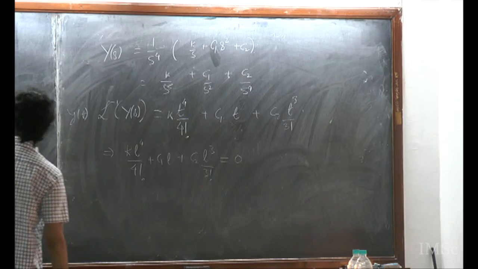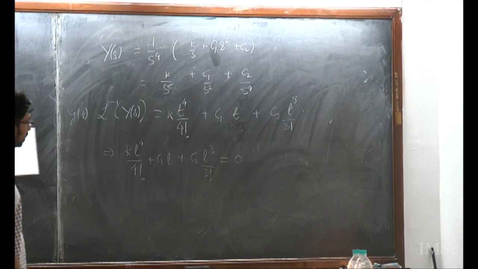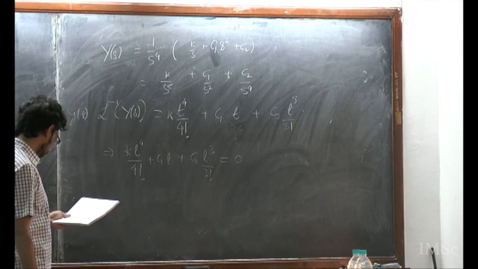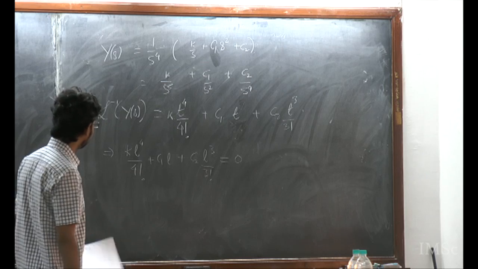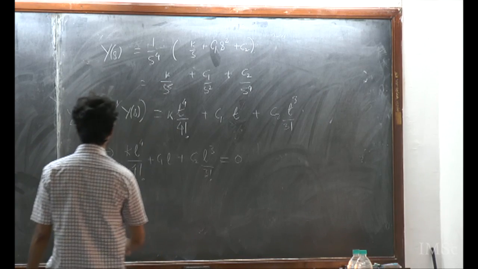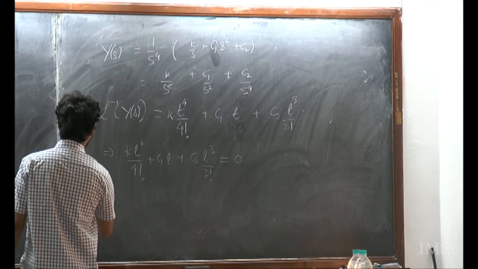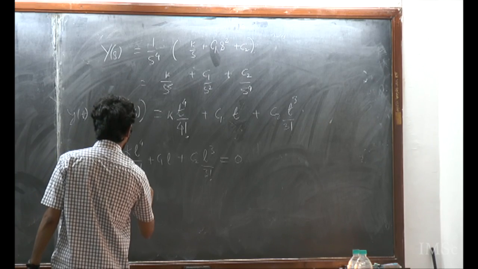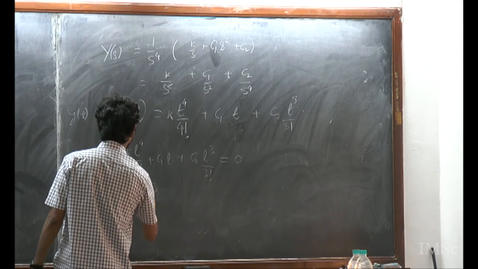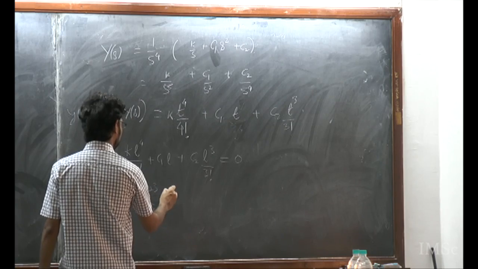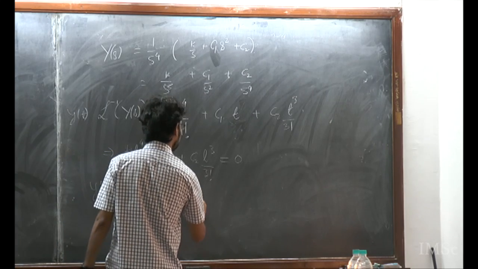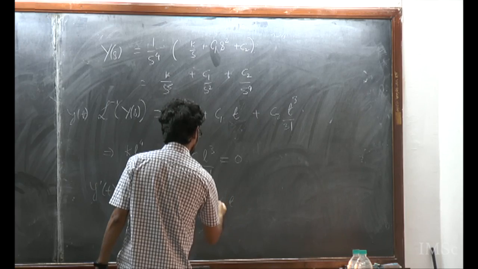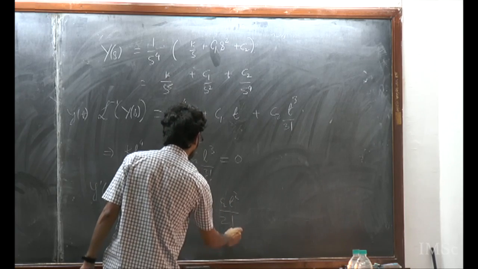Similarly, you have to differentiate twice this formula, so let's differentiate twice. Okay, so y prime t is k t cube by 3 factorial plus c1 plus 3 c2 t square by 2 factorial.